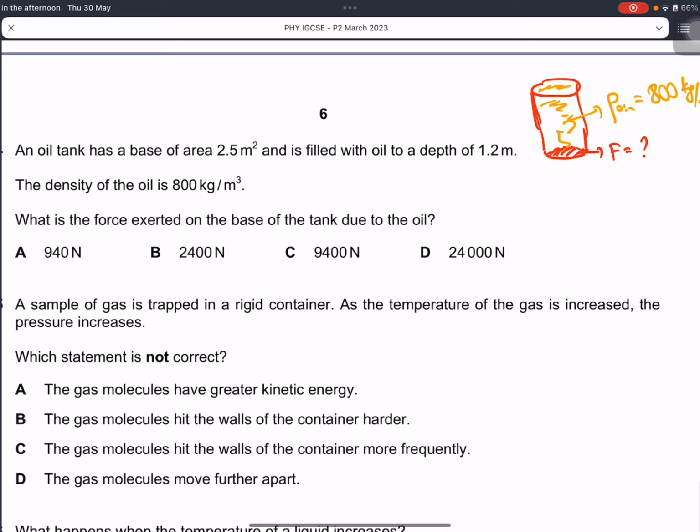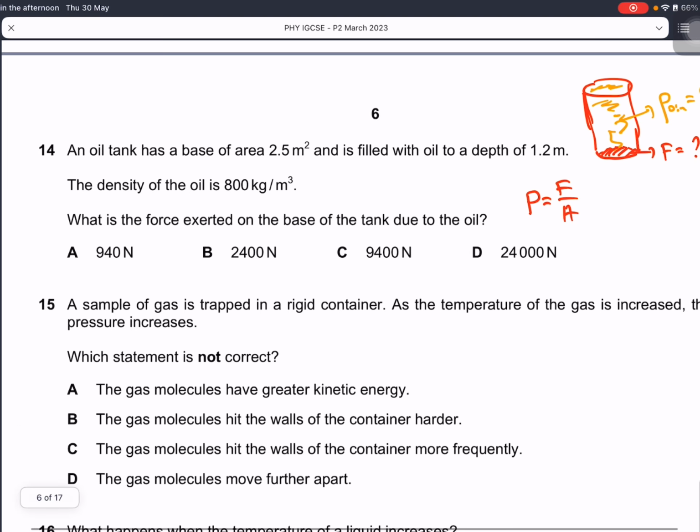How will we approach solving this problem? When we talk about force in terms of pressure, because oil is applying pressure, and pressure means force per area. But how are we going to find pressure from here? If you remember, we have another pressure formula for liquids, basically fluids.